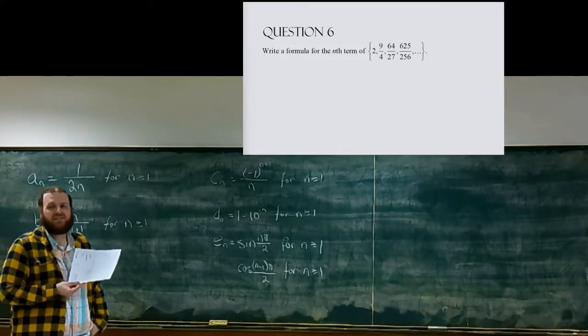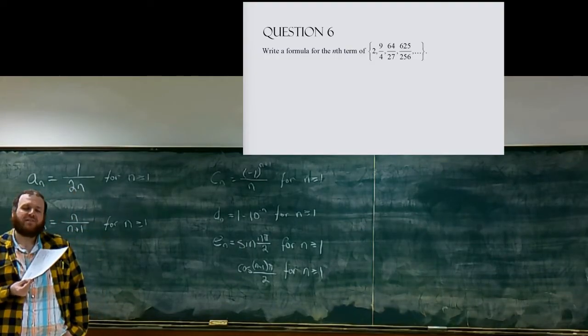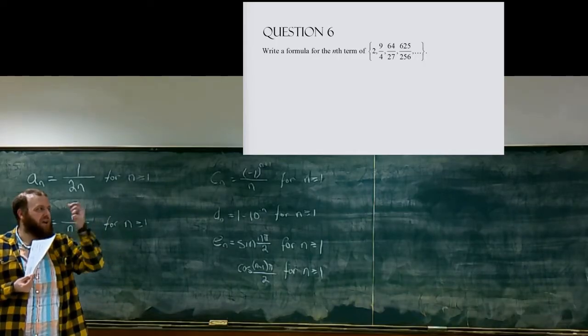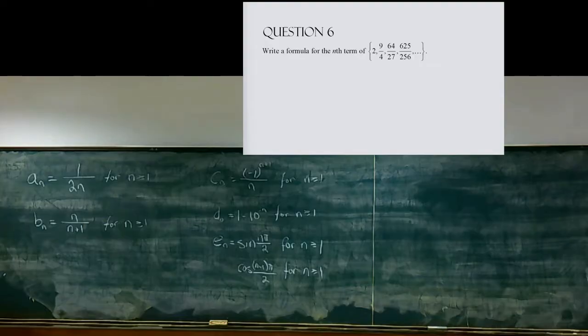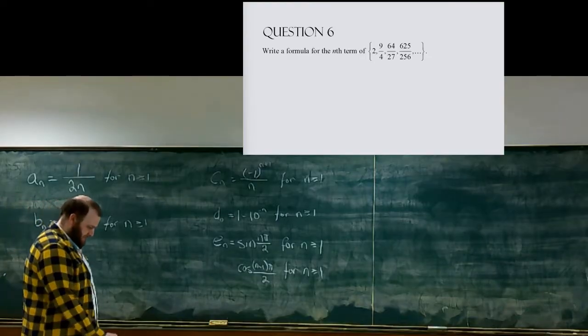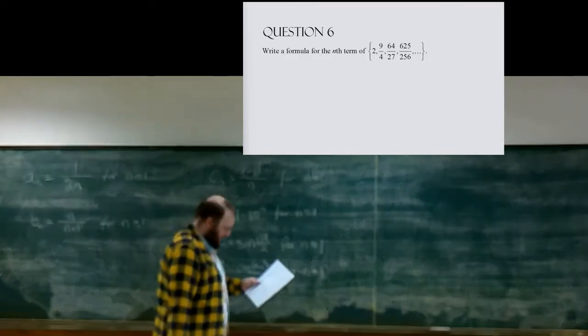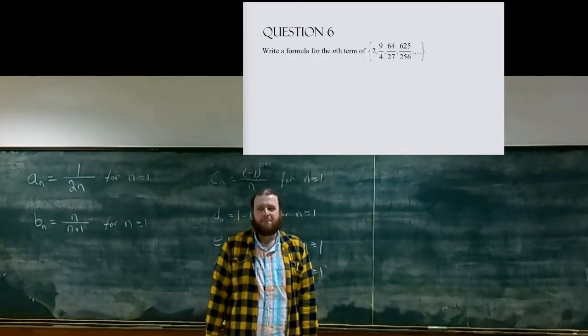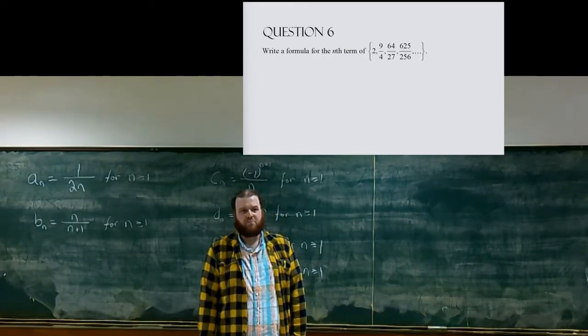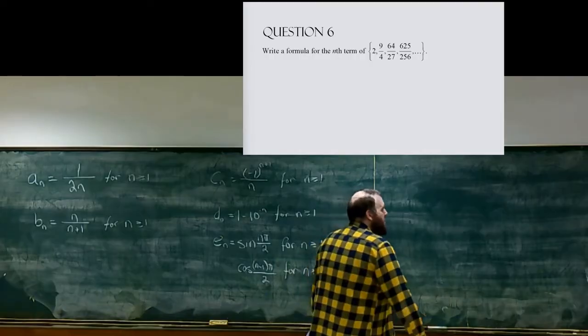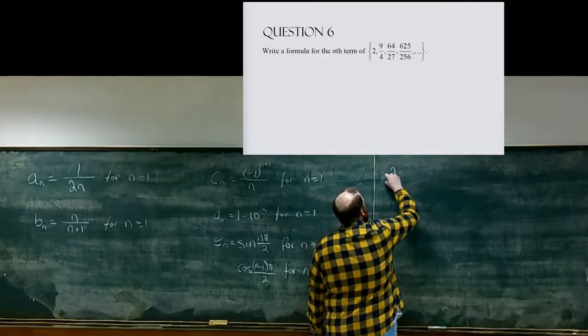So maybe the trickiest of the bunch. 2, 9/4, 64 over 27, 625 over 256, and so on and so forth. Well, first, to help us with a pattern, why don't we write 2?